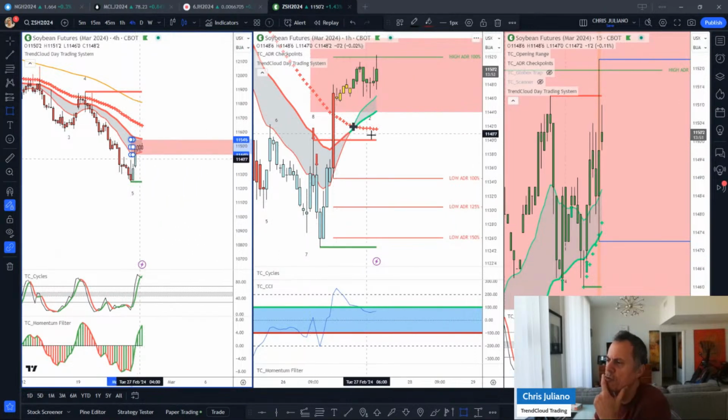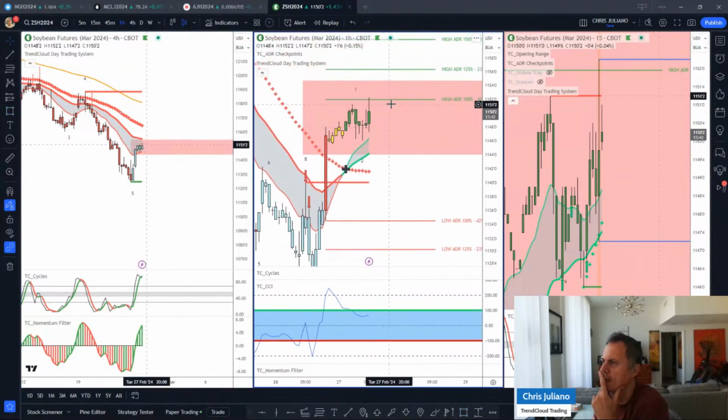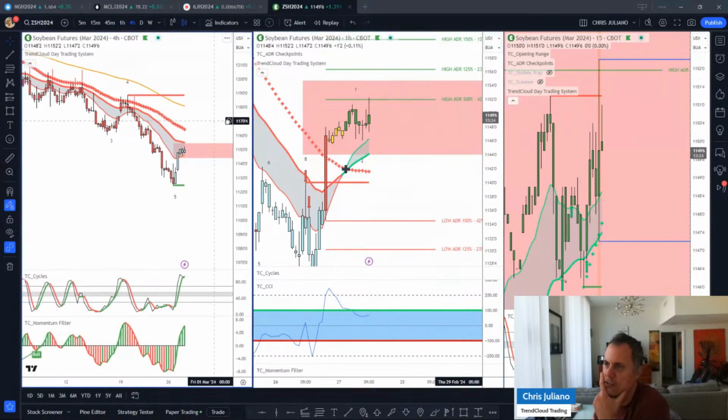We've got the trend reversal on the 1-hour chart, and we've hit that ADR checkpoint. Now we know, because this is on the 4-hour chart, that it has to break above the 50. So we got plenty of room to go from here all the way up to here. We know that it's got to close.